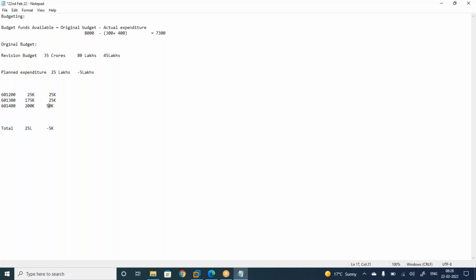It may be 5 lakhs, total 20 lakhs I want to increase. So revision budget means you may be increasing or decreasing the total amount in between as per your requirement.